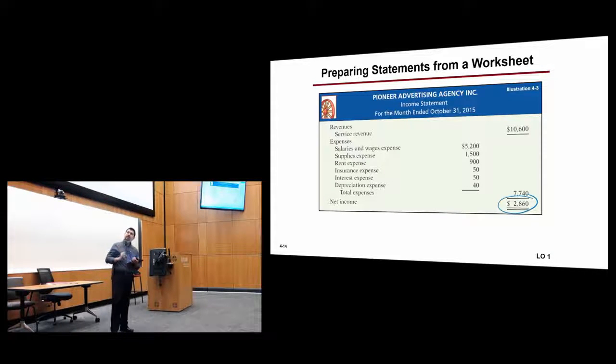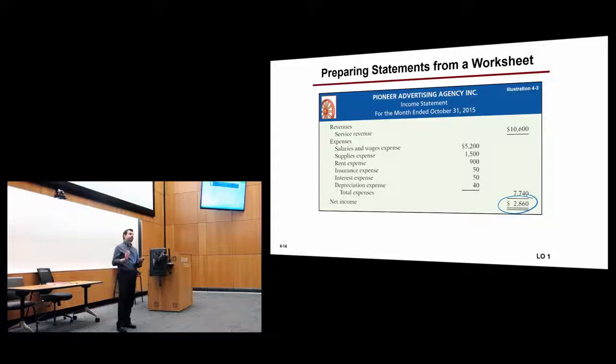We just listed the same information, but here it's more organized. Can you see that? There it was all over the place. We had service revenues, then expenses, then revenues again, etc. It could be a little bit messy, whereas in this case, it's much more organized.